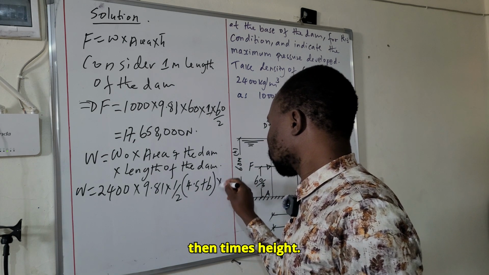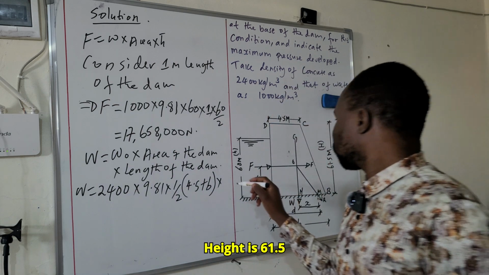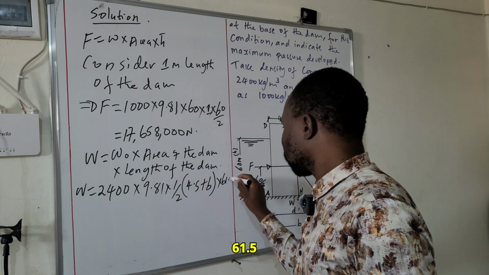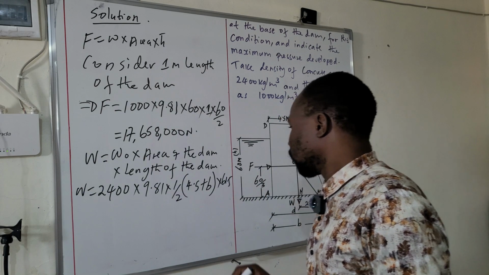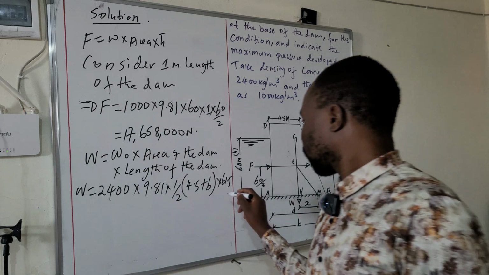And then times height. Height is 61.5. Then times the length of the dam times 1.